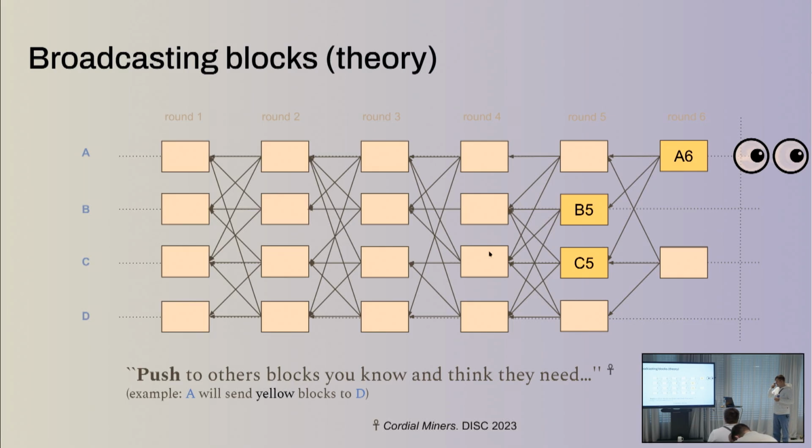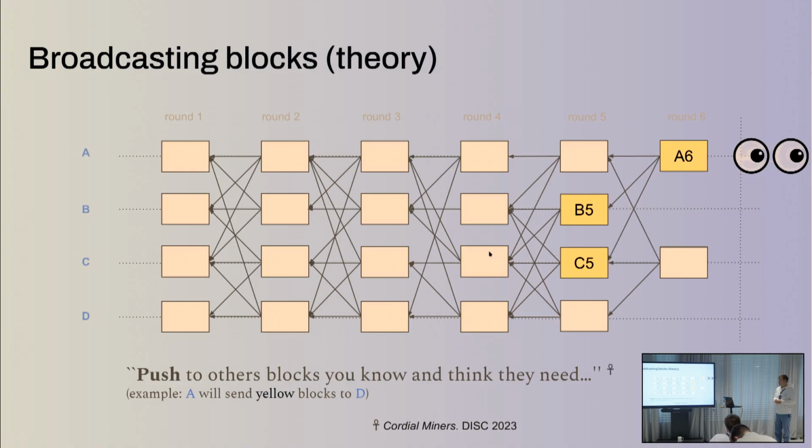For instance, here, let's say we are playing the role of validator A, and we created a block A6, and we are going to send our block to validator D, the last one. Since we don't know yet that validator D has its blocks B5 and C5, we have to send them to validator D, because if it doesn't have those blocks, then it will not be able to integrate our block A6 in its local DAG.